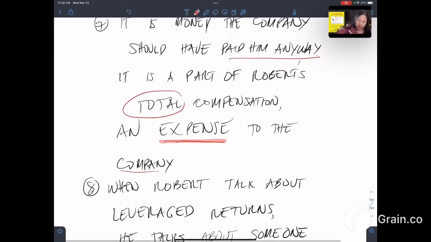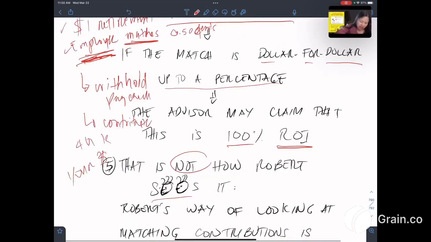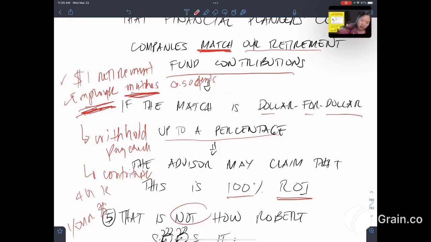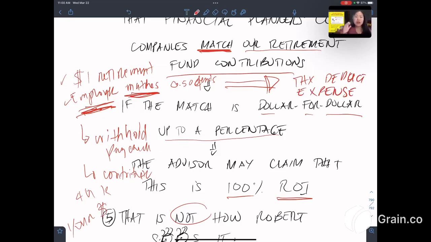What Robert is saying here is that this employer matching of 50 cents, if you're an employer, is a tax deduction for your company. This is an expense for your company. So if they have employees, it brings down their income because this is an expense. It brings down their gross income.